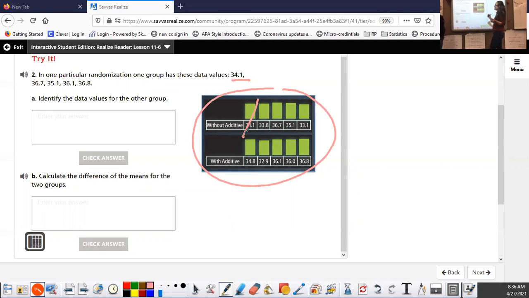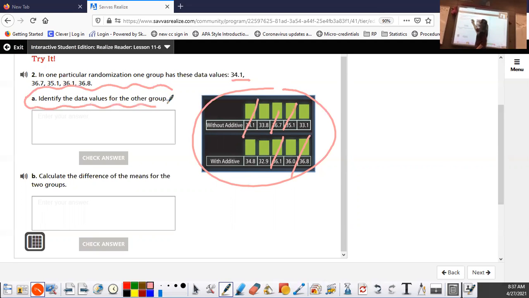They're going to take out 36.7, 35.1, 36.1, and 36.8. And so they want you to identify the values in the other group.